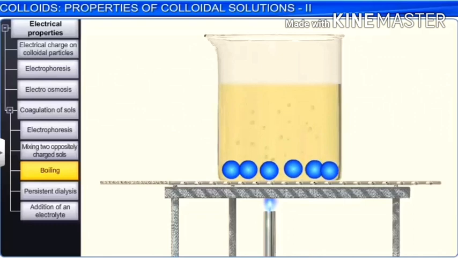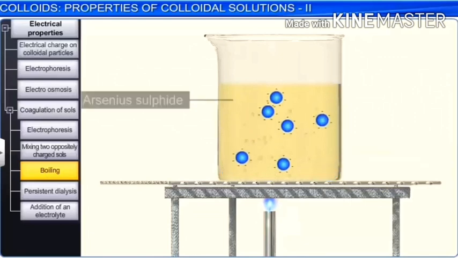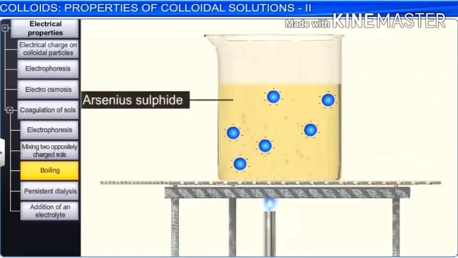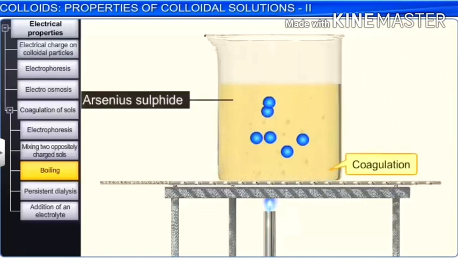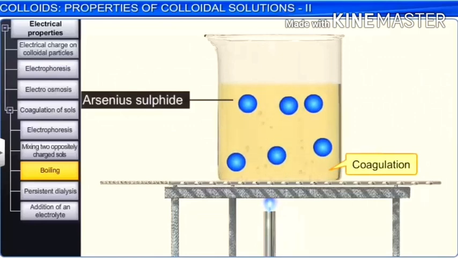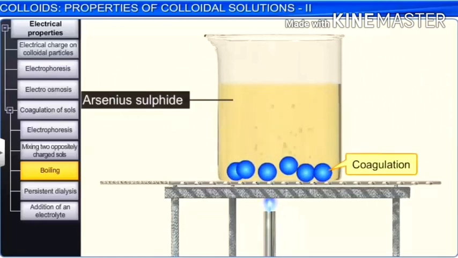Once the charge is removed, they aggregate together, settle down under gravity and get precipitated. For example, negatively charged arsenious sulfide particles will collide with the particles present in the dispersion medium, lose their charge and settle down as a precipitate.